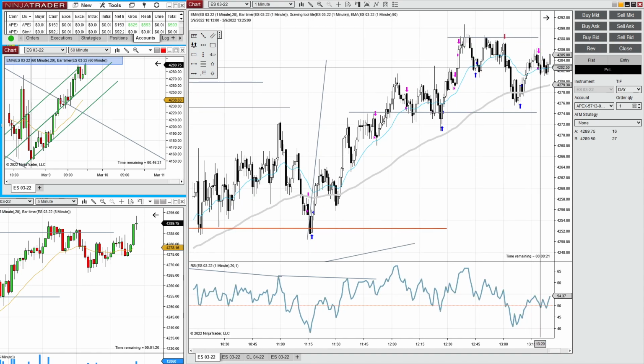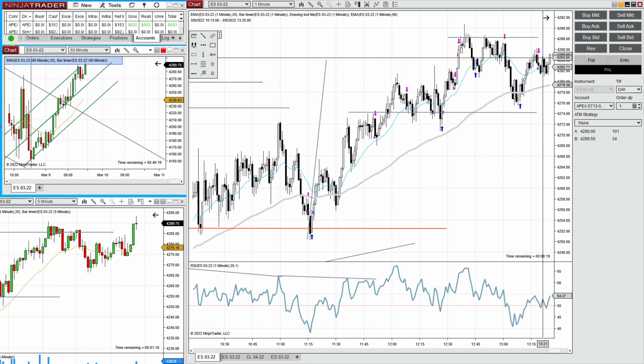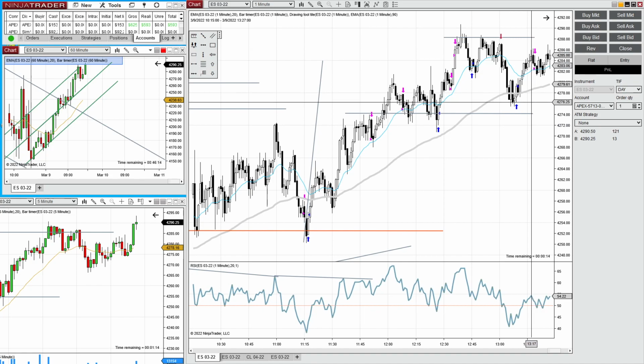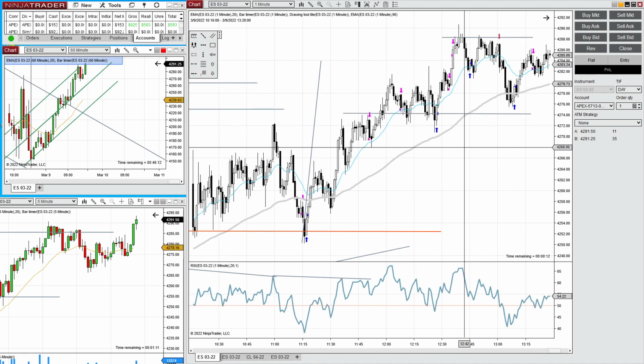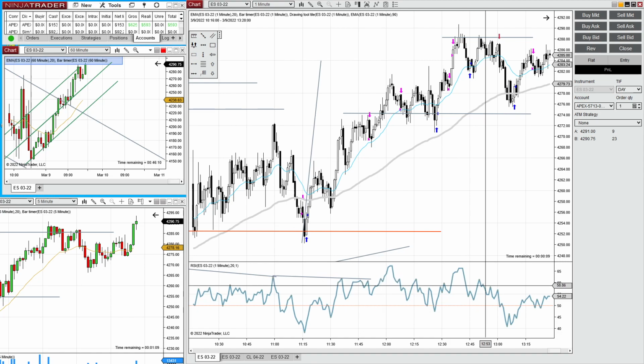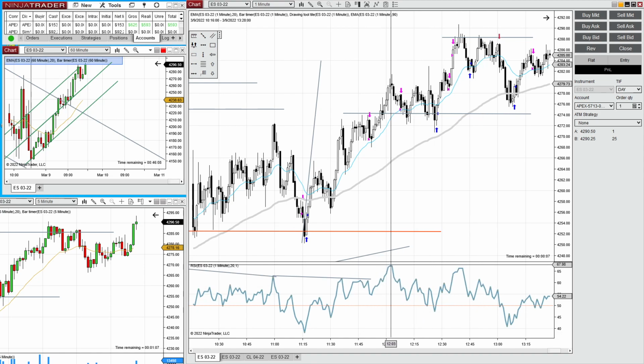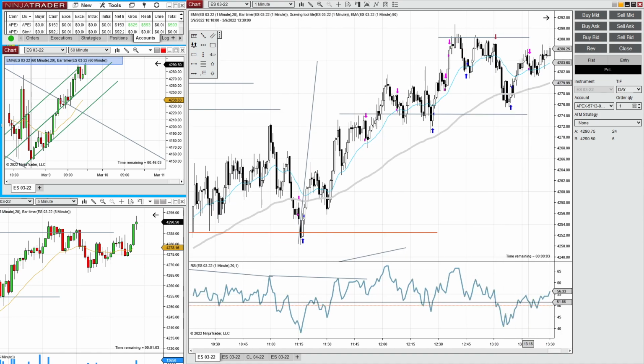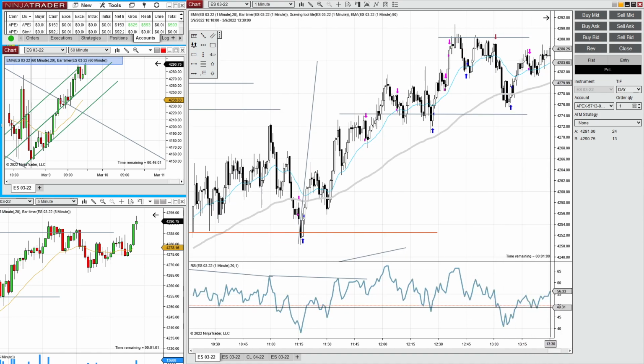So I'm still holding two contracts here. And when the market went up, I bet it was going to come down. The RSI is showing some sign of divergence. It's close to the 50%.